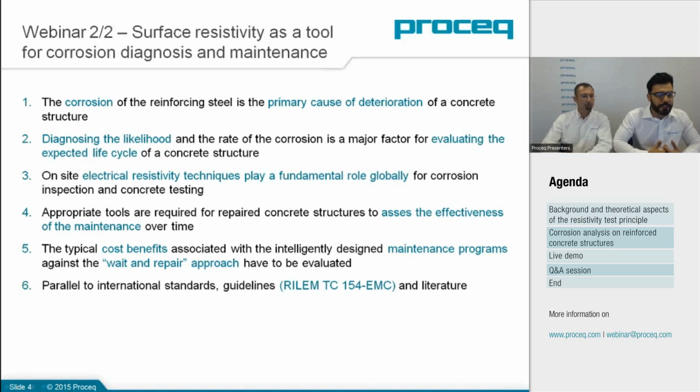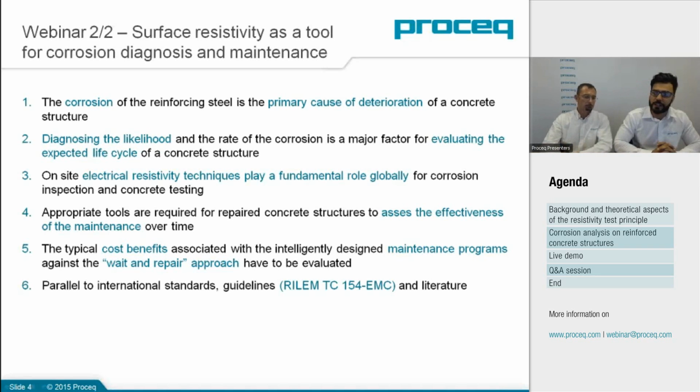As you can probably imagine, corrosion of the reinforcing steel is the main cause of deterioration of any type of concrete structure. Being able to diagnose the likelihood and the rate of the corrosion gives a very good idea for evaluating the expected life cycle of our concrete structure.